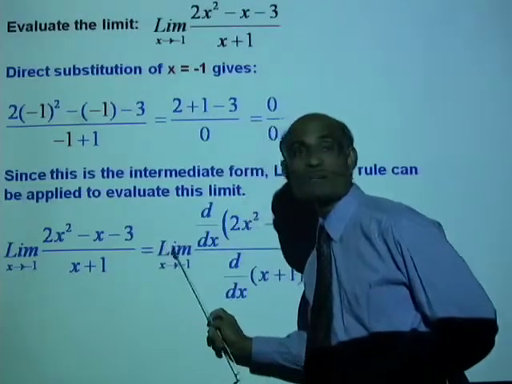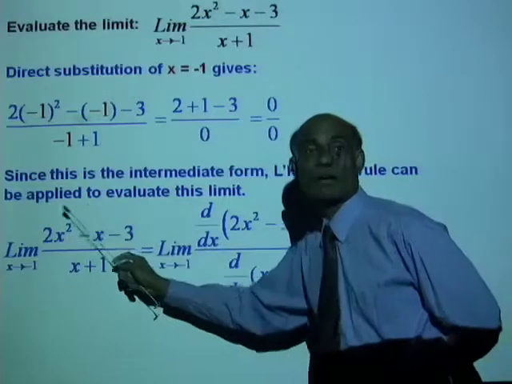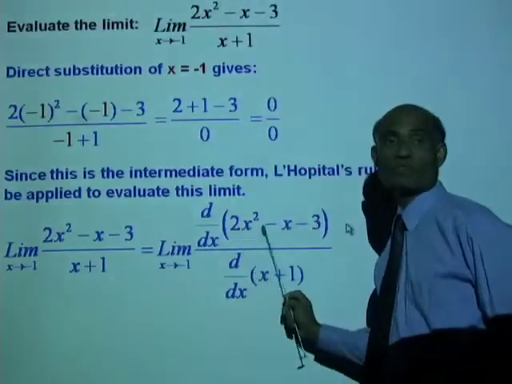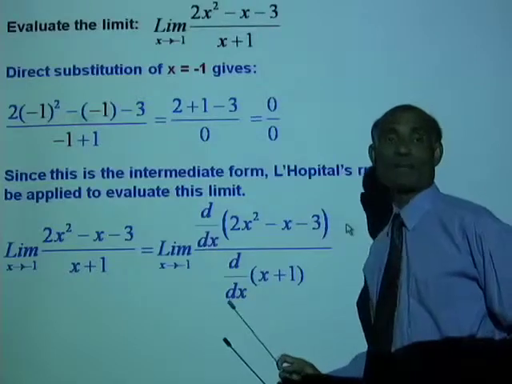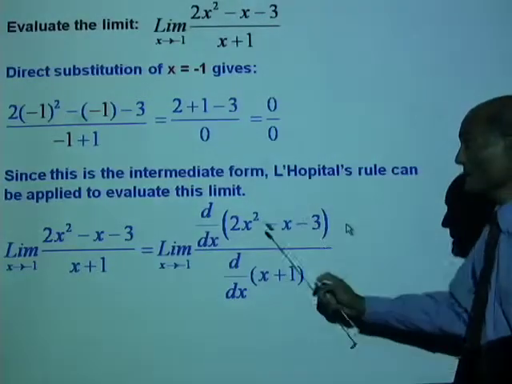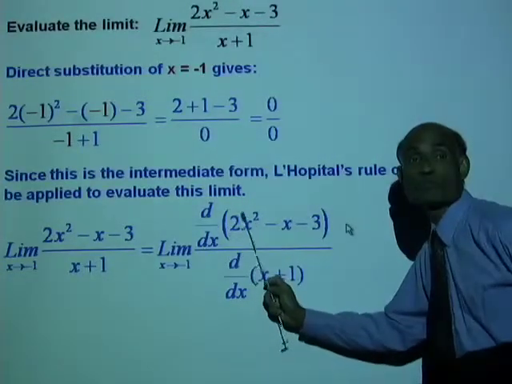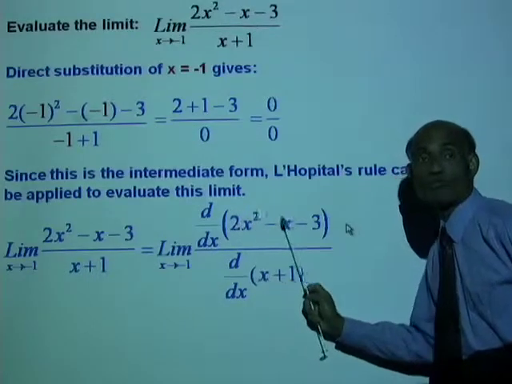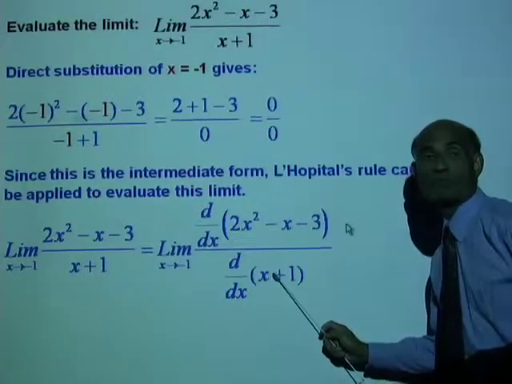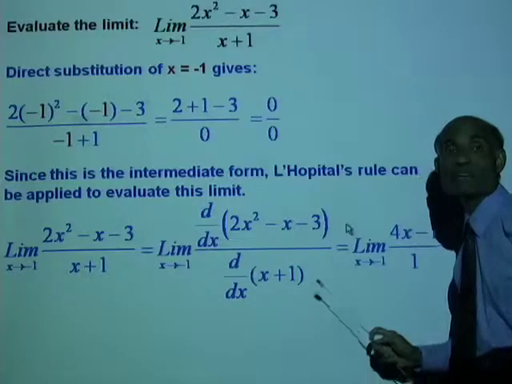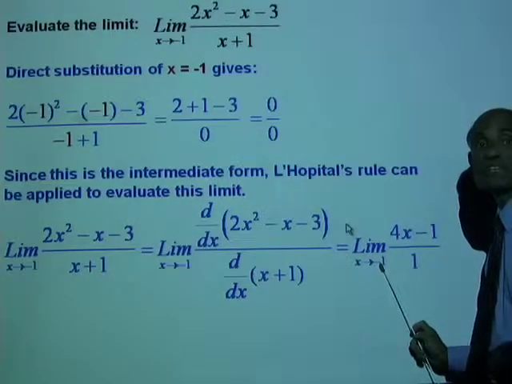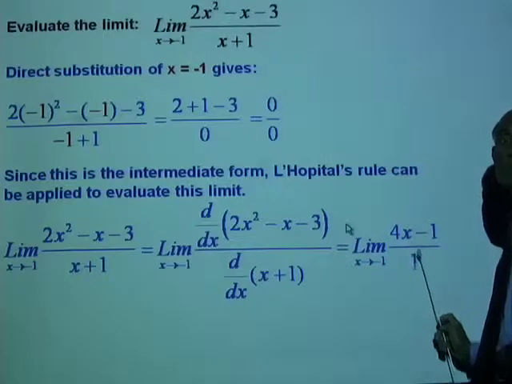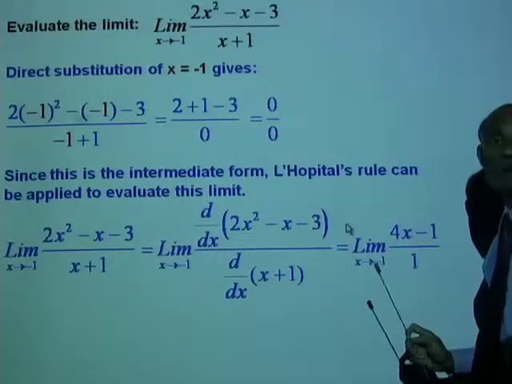So that will be the limit as x approaches negative 1 of the derivative of the numerator divided by the derivative of the denominator. The derivative of the numerator is 4x minus 1, and the derivative of the denominator is 1. So that is the limit as x approaches negative 1 of 4x minus 1 divided by 1.